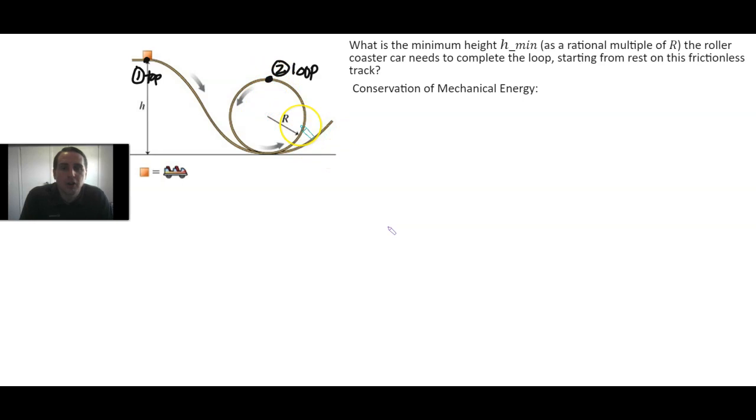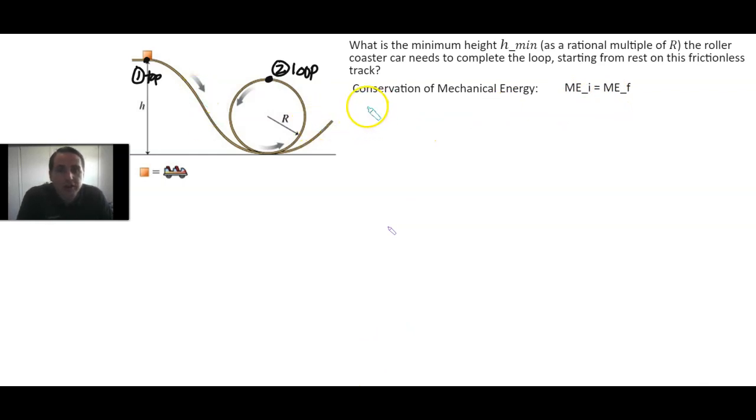So the conservation of mechanical energy is most generally written that the mechanical energy initial is equal to the mechanical energy final. But with that, we can still also say that more particularly, it's kinetic energy plus potential energy. And in this case, it's gravitational potential energy.